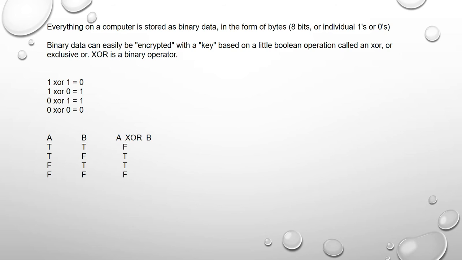in C programs. Okay. Everything on a computer is stored as binary data in the form of bytes, and we know that 8 bits is equal to 1 byte, and individually it is a collection of 0s and 1s.